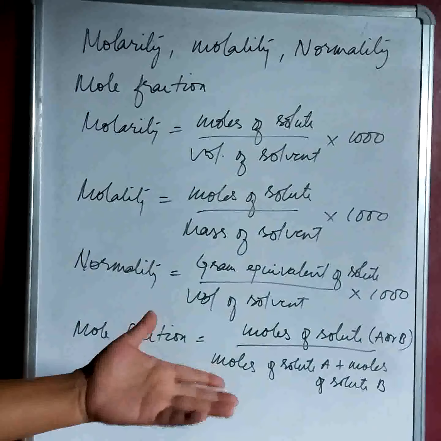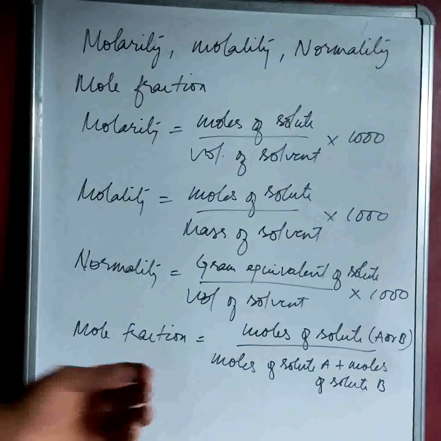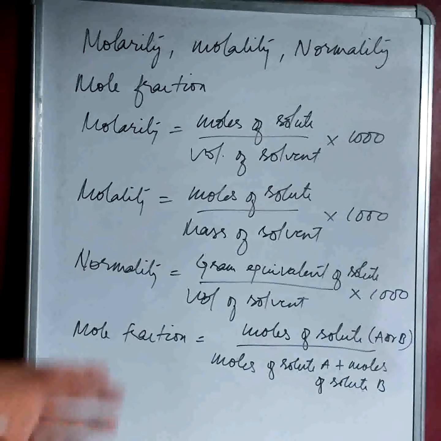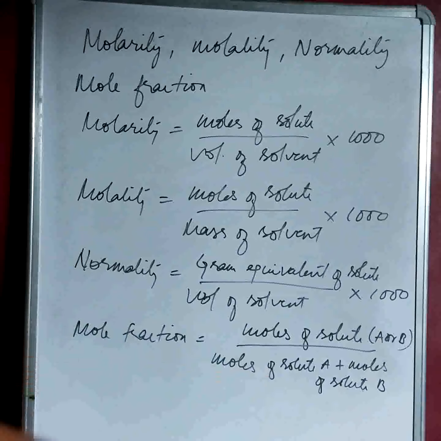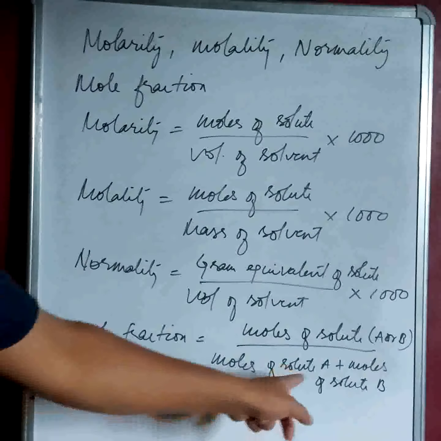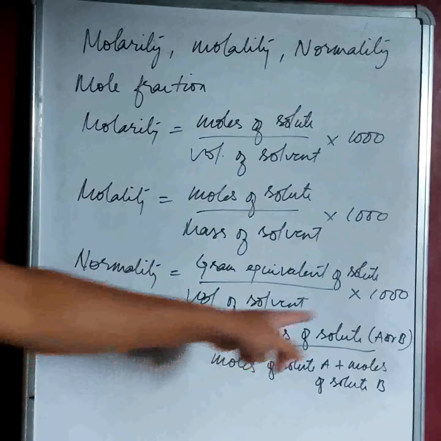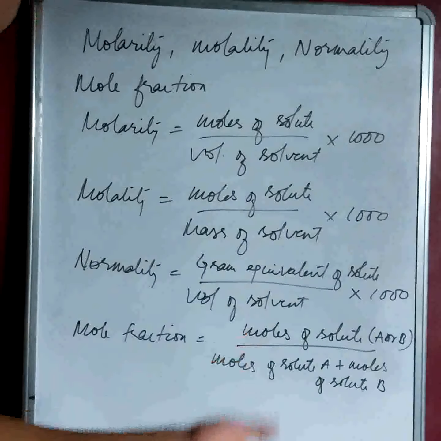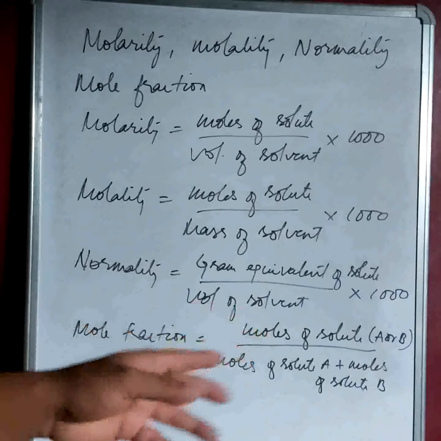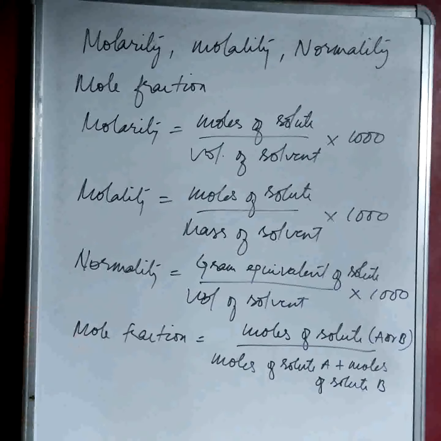If there are three parts, A, B, C, then we do similarly, with moles of solute A plus B plus C, and for all individual entities we calculate the mole fraction in that respect.